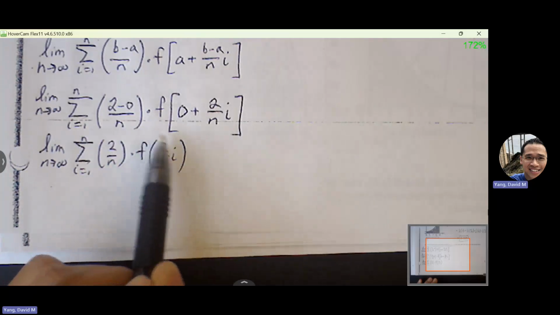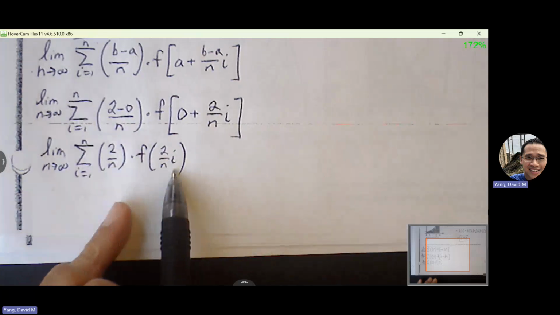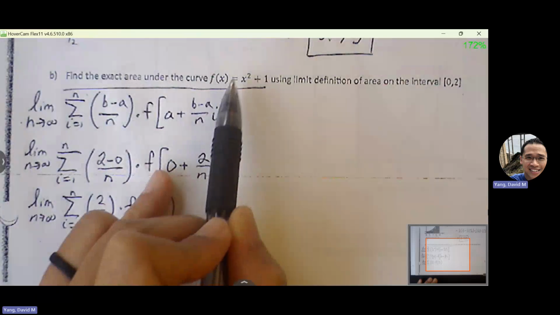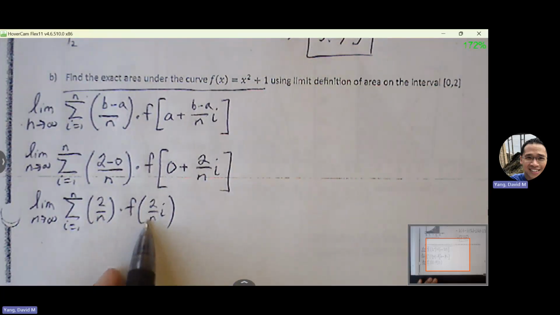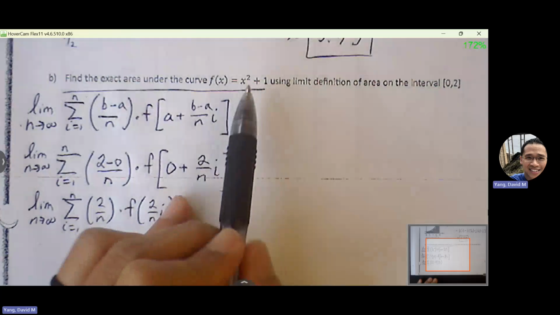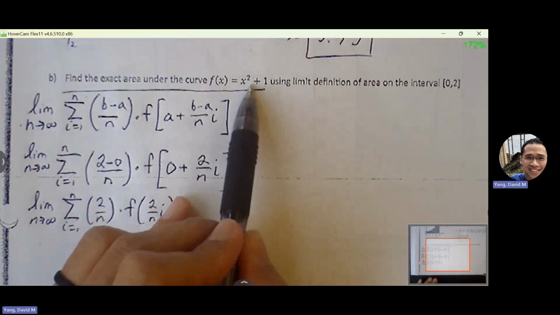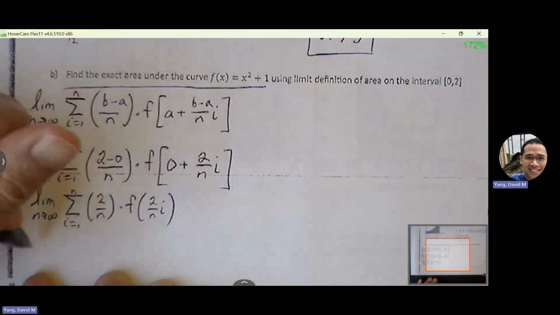Now, this is a plan as to how the increment is going to look, but this is not the exact function that we're using, right? The exact function that we're using is x squared plus 1. So we're going to have to adapt this into the function. Whatever is inside the parentheses is going to go into the x for the function that's going to actually tell us the height at each of these points. So let me rewrite this.